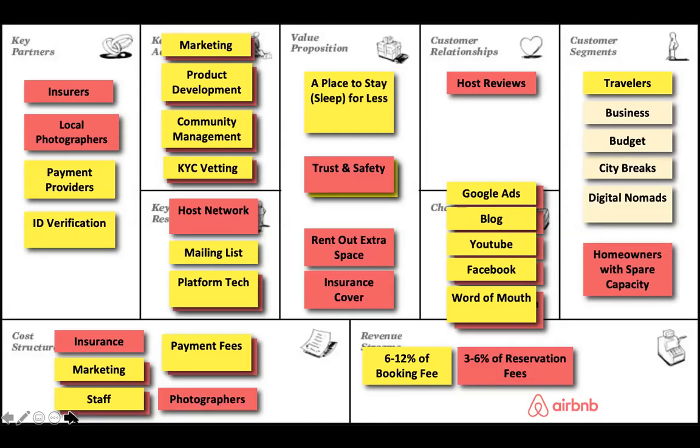Uber is very different, even though it's also a platform, it is a very different model and dynamic than Airbnb. So Uber, for example, saturates the market first with capacity. So it first attacks the drivers, and only then it starts advertising to the travelers or to the taxi customers.